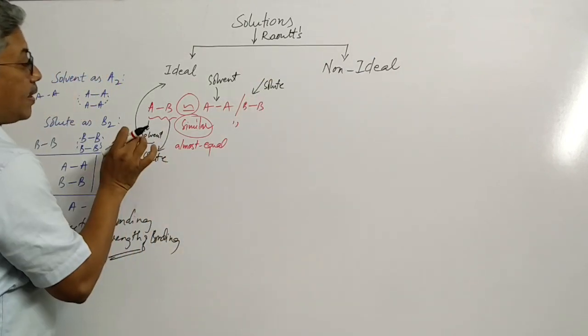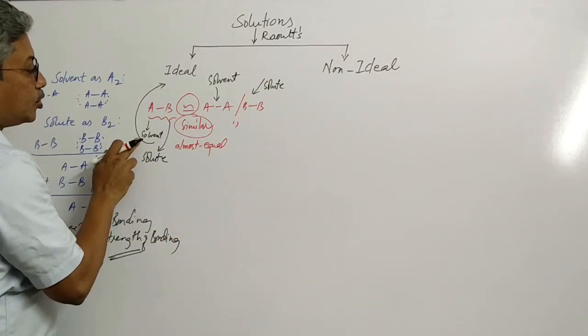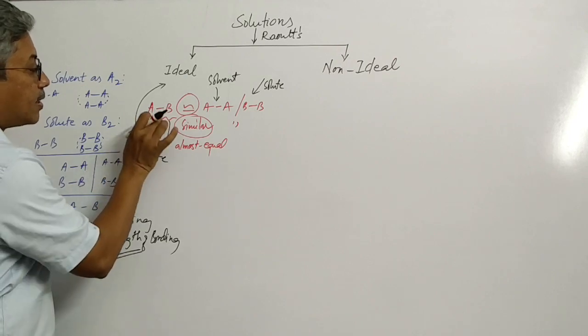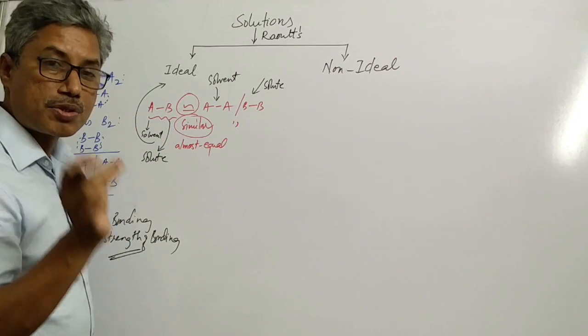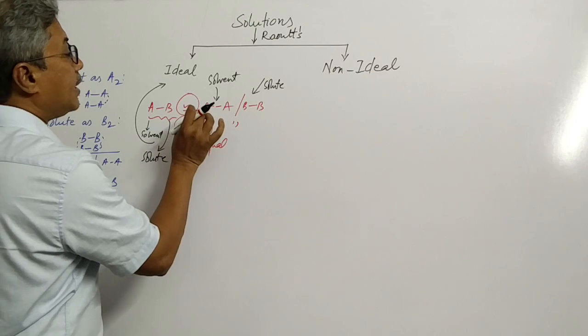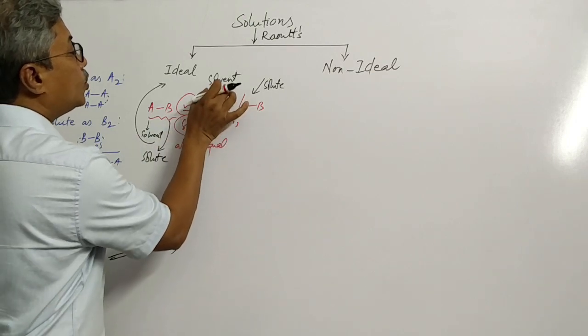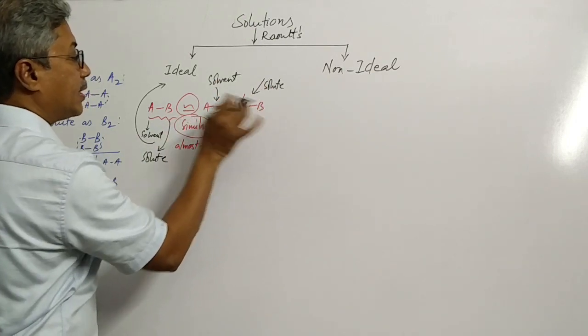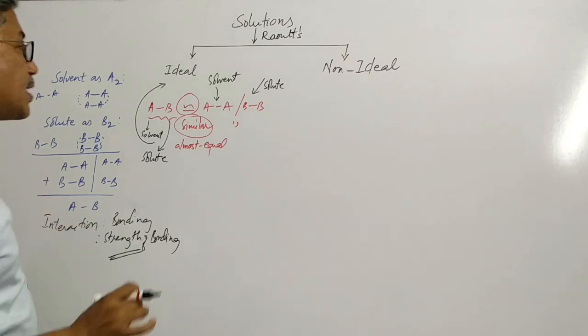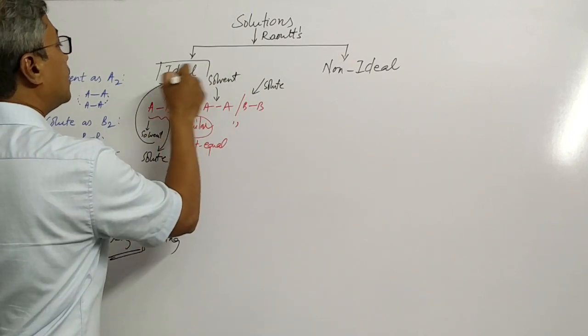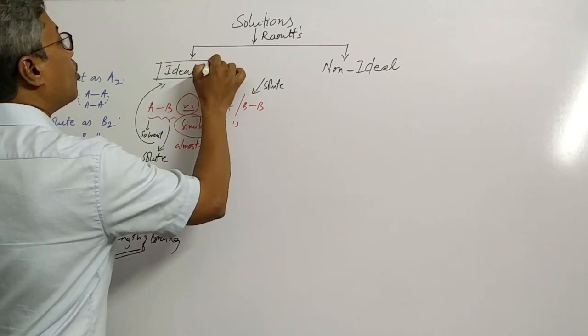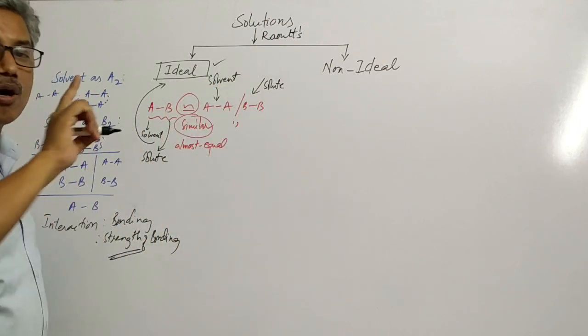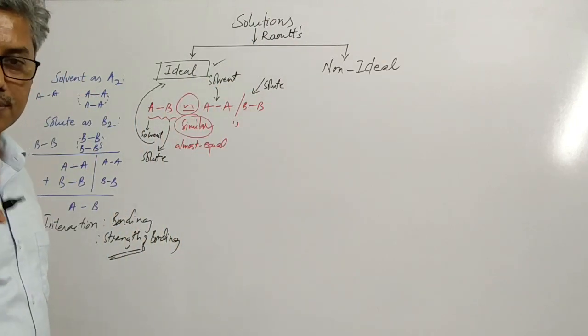The solution in which solvent-solute interactions are almost equal to the interactions between solvent molecules and between solute molecules are called ideal solutions, because they obey Raoult's law at all concentrations of the solution.